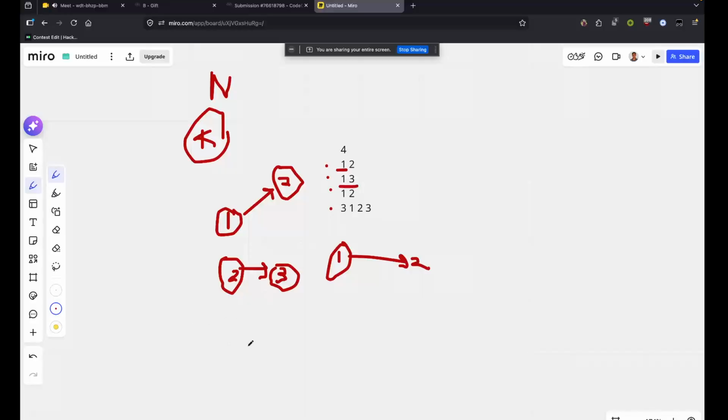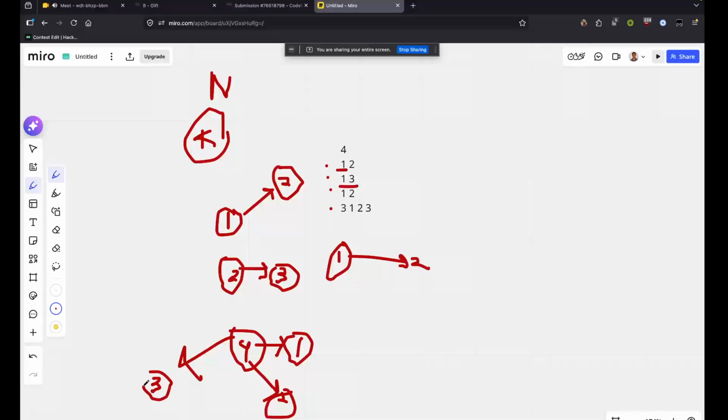And the fourth person is giving gifts to three persons. The first person is one, the second person is two, and the third person is three.